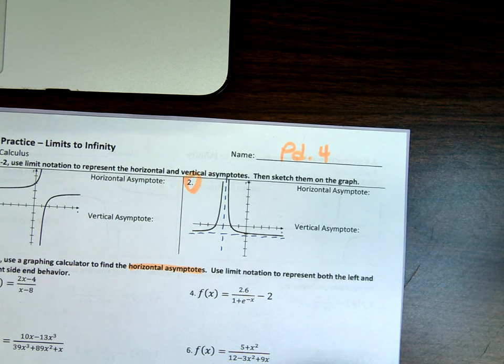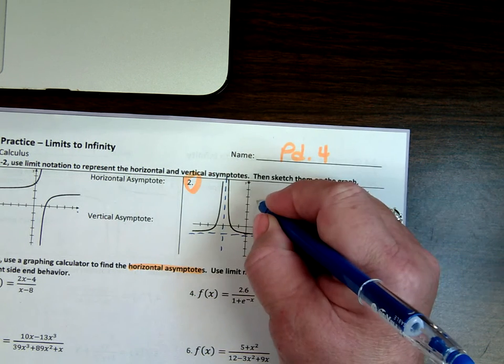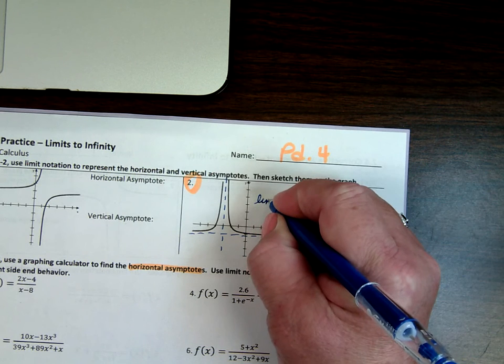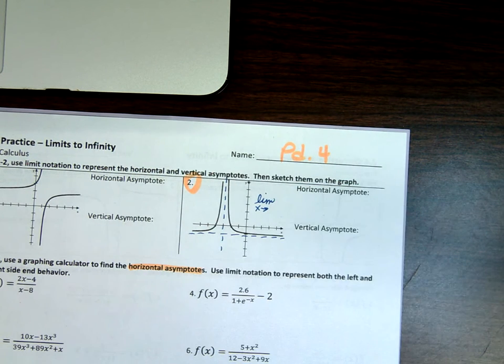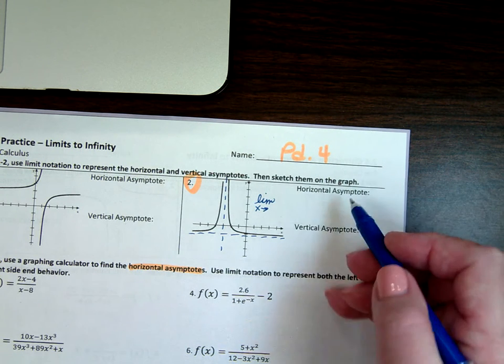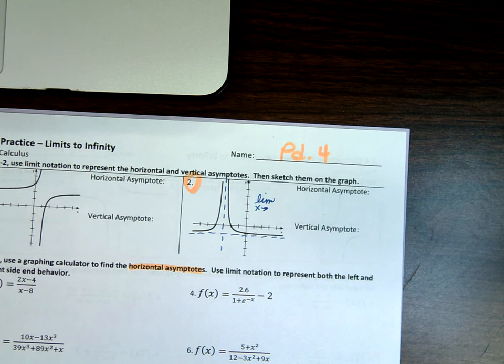And now I have to use limit notation to describe what they're doing. So limit notation, LIM, x approaches, with an arrow. If I'm talking horizontal asymptotes, horizontal goes this way. I want to know what it's doing way on the left and what it's doing way on the right.